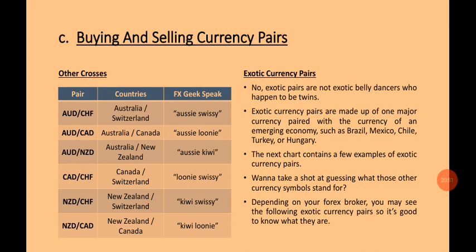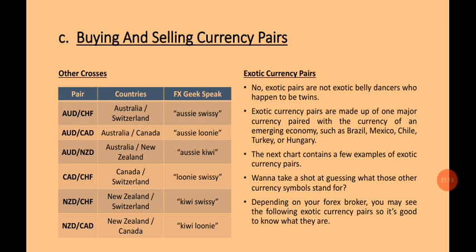Now, exotic currency pairs. No, exotic pairs are not exotic belly dancers who happen to be twins. Exotic currency pairs are made up of one major currency with the currency of an emerging country, such as Brazil, Mexico, Chile, Turkey, or Hungary. The next chart contains a few examples of exotic currency pairs.